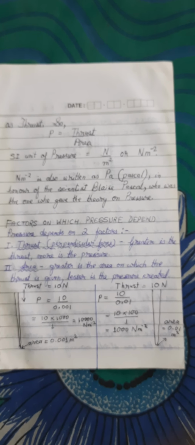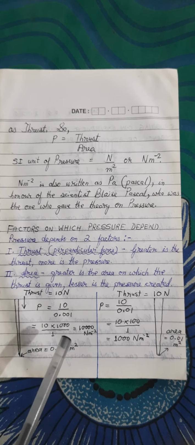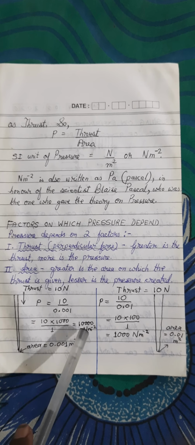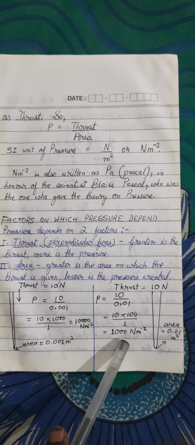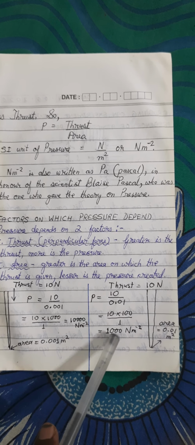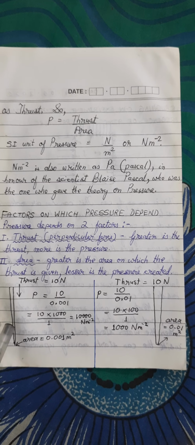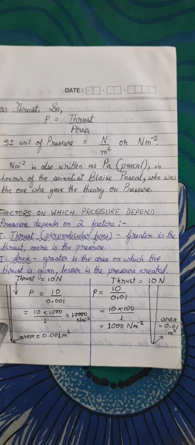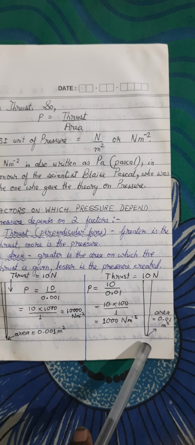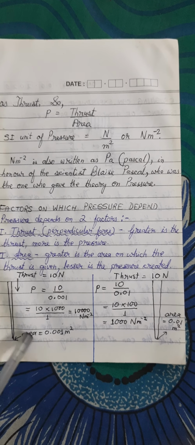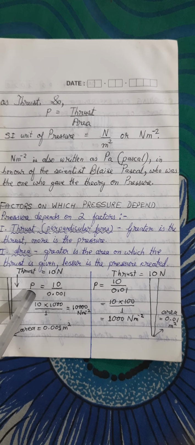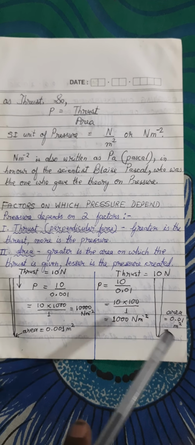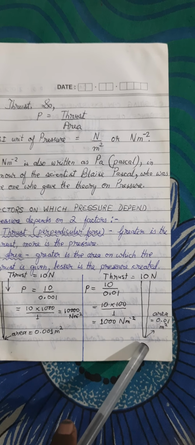Now let us compare both. For this one the pressure was 10,000 Newton per meter square, and for this one only 1000. 10,000 is 10 times more than 1000. That means this needle will produce greater pressure compared to this needle. So a lesser area produces a greater pressure compared to a greater area.